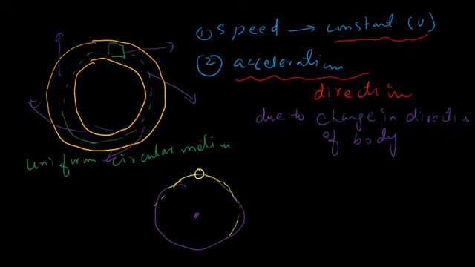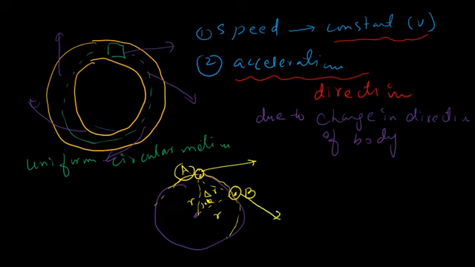At some instant of time it is at this point, which we can call point A. At some other instant of time it changes its position and reaches some other point, which we can call point B. This one is the radius vector, and this one is also a radius vector. I can write delta r, and this will be the delta theta angle between the two radius vectors. Now the velocity vector is always tangent to the path.